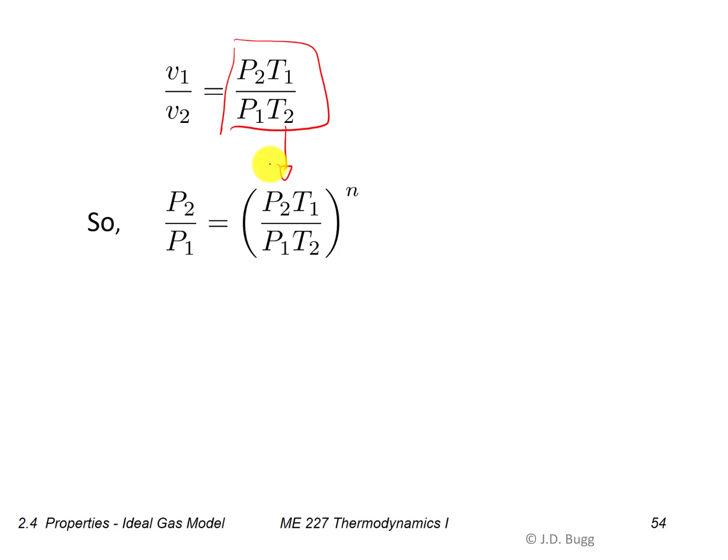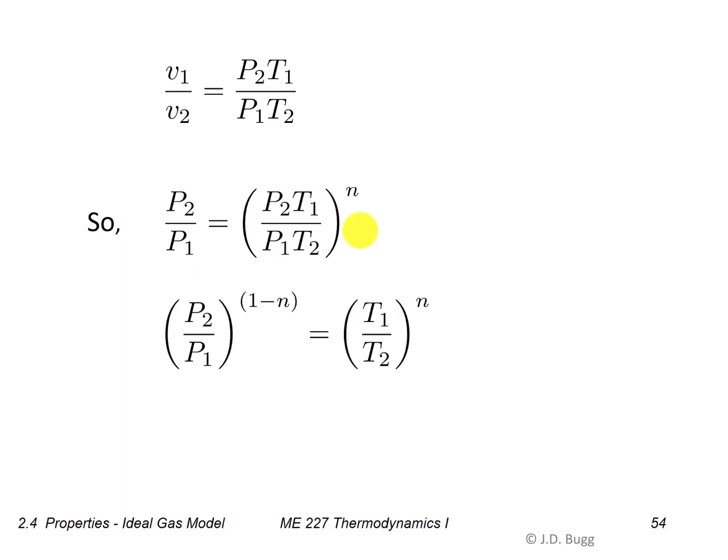This equation is only valid if we're looking at a polytropic process and if the substance is an ideal gas. In this particular form it's a little bit cumbersome, because the pressures appear in 2 places. So we want to rearrange this a little bit so the pressures only appear in one spot.